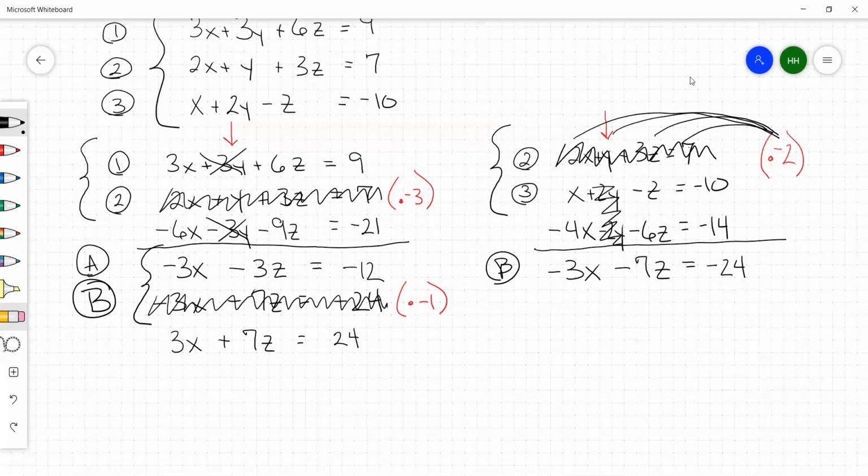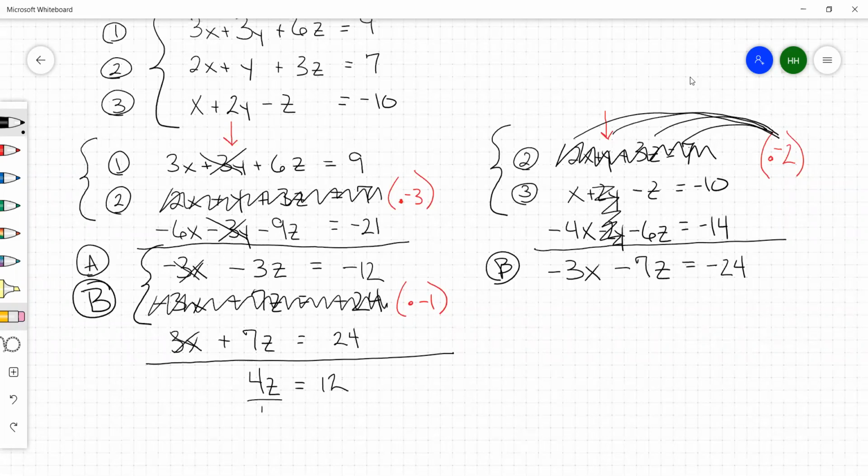So I'm going to combine A and my new B. And when I do that, I get negative 3x and positive 3x, and they go away. My negative 3z and my positive 7z is 4z. And my negative 12 plus 24 is positive 12.